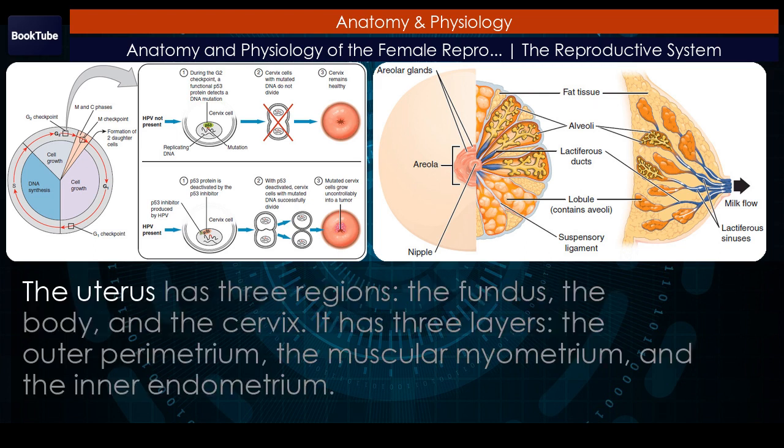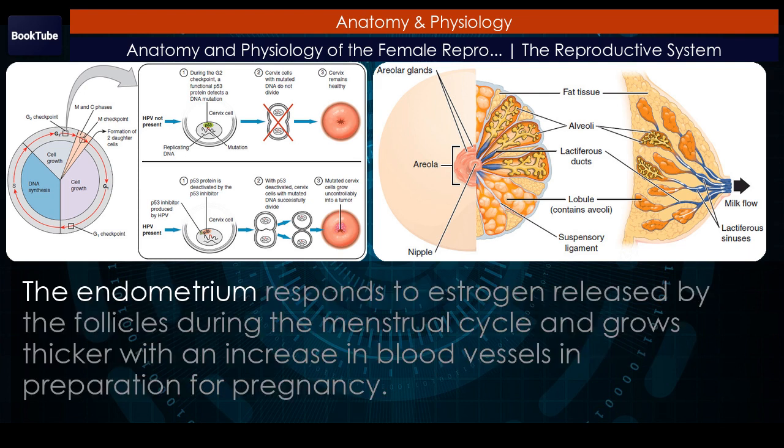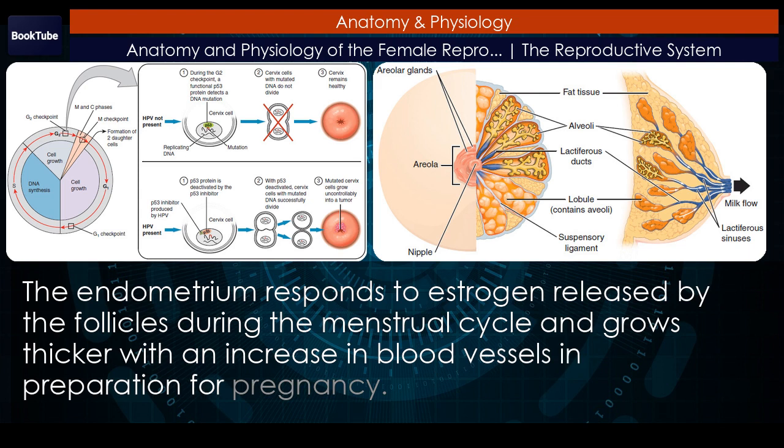The uterus has three regions: the fundus, the body, and the cervix. It has three layers: the outer perimetrium, the muscular myometrium, and the inner endometrium. The endometrium responds to estrogen released by the follicles during the menstrual cycle and grows thicker with an increase in blood vessels in preparation for pregnancy.